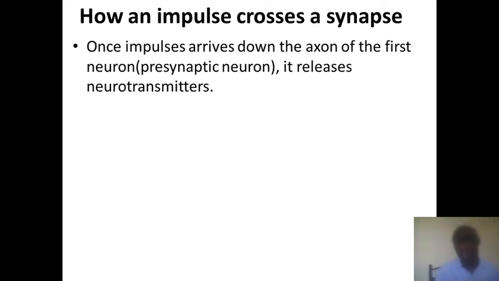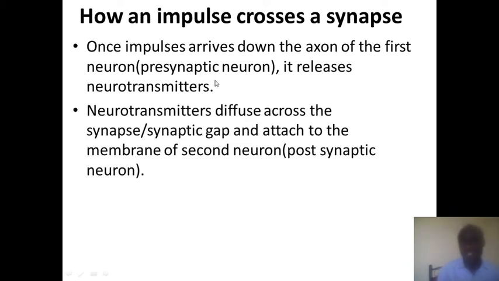So once the impulse reaches that presynaptic neuron, the membrane of that presynaptic neuron will release chemicals called neurotransmitters. Then these neurotransmitters will diffuse across the synapse or the synaptic gap and attach to the membrane of the second neuron.